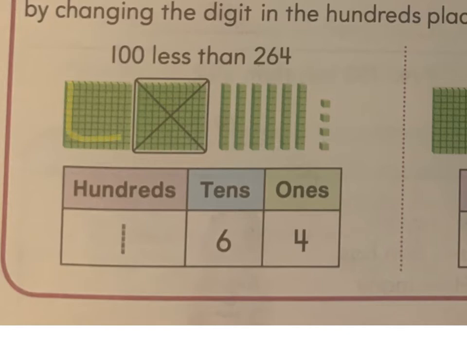So they started by drawing 264. But we want 100 less, so we have to get rid of a 100 block. So when we get rid of that, our new number is 164. So we took away 100.